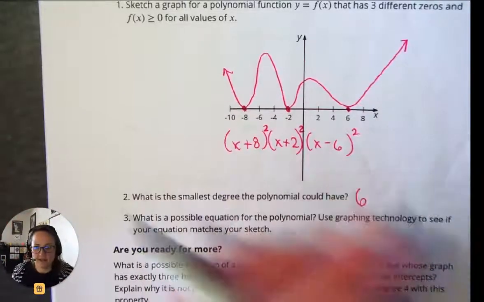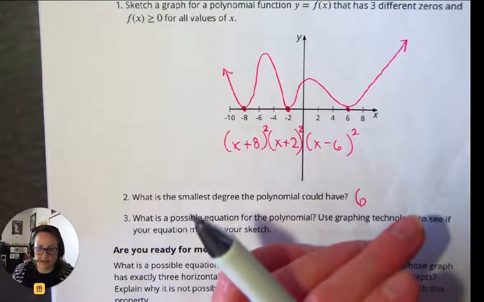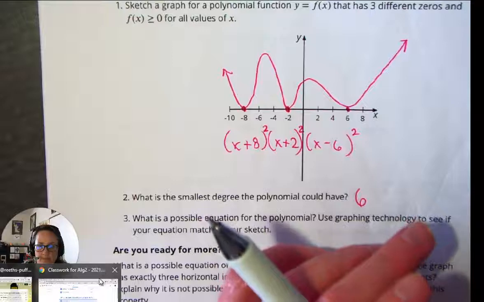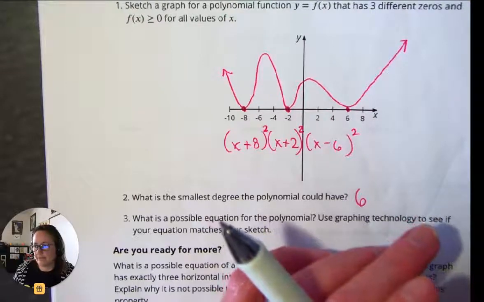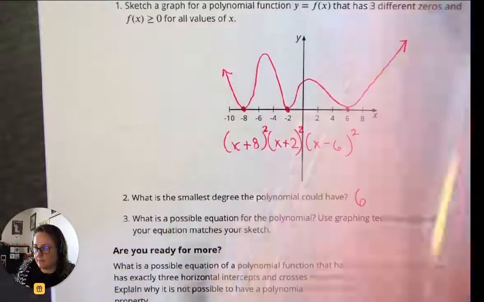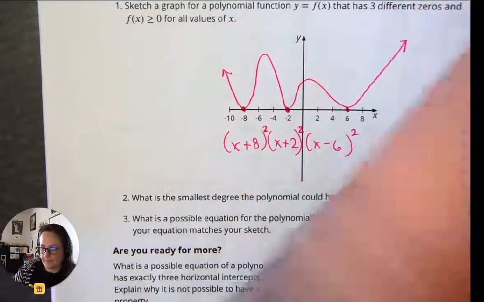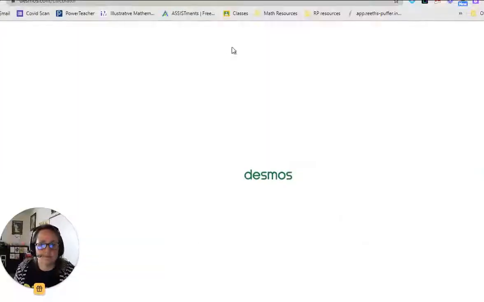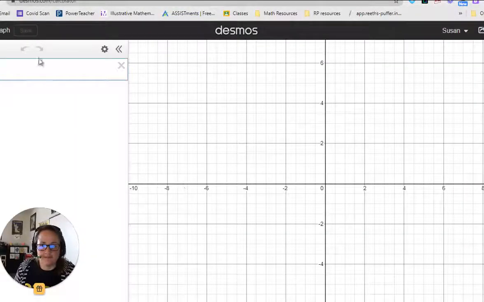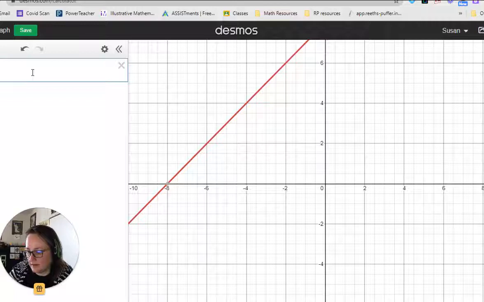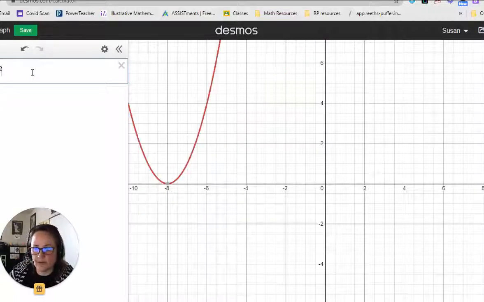Now I gotta go check on Desmos because I want to know what this thing's looking like. Let's pull open a Desmos screen. I had an x plus 8 squared.